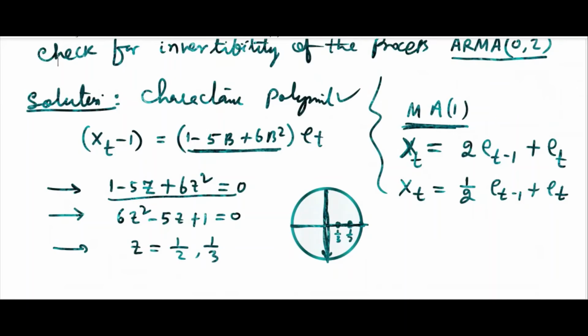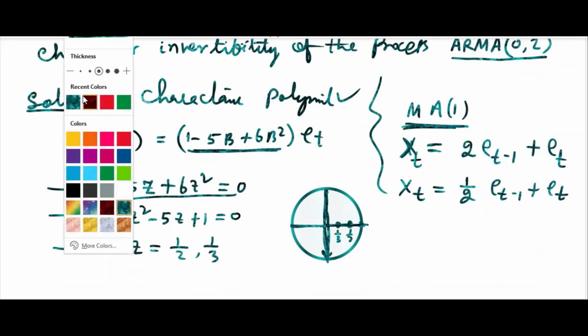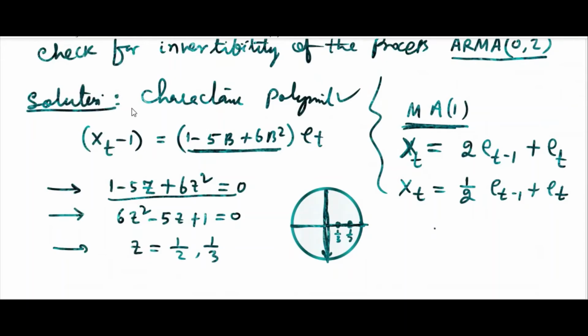So this is over now, but we'll keep this because we'll use these two once again. There is a difference: one is invertible, one is not invertible. Both are stationary. This one is not invertible, but this one is invertible.